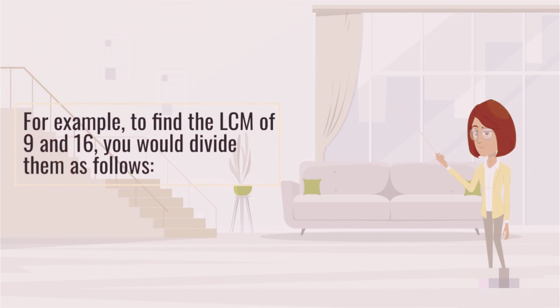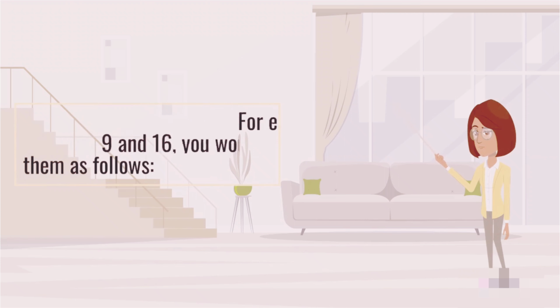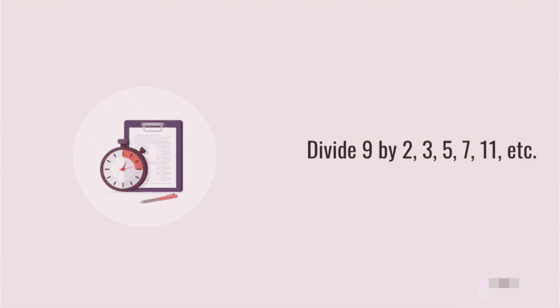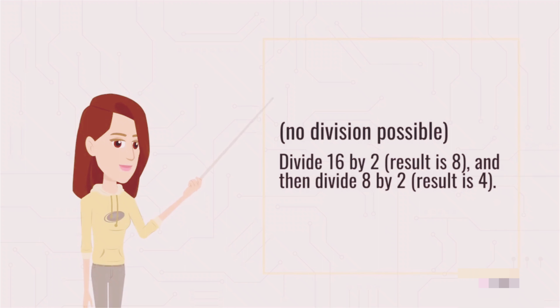For example, to find the LCM of 9 and 16, you would divide them as follows. Divide 9 by 2, 3, 5, 7, 11, etc. No division possible. Divide 16 by 2, result is 8, and then divide 8 by 2, result is 4.